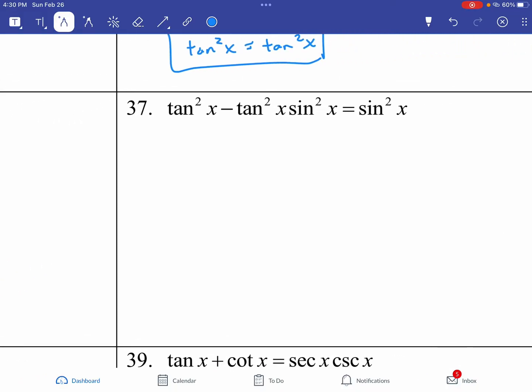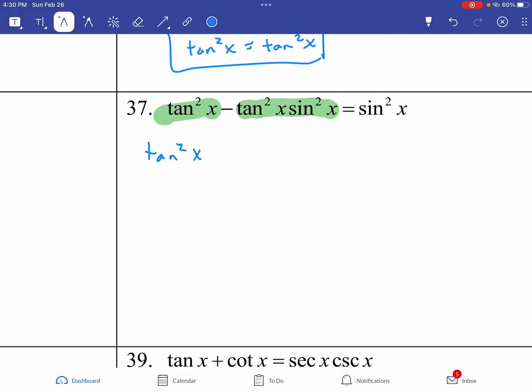This one is a little tricky. I have two terms here in this problem. Here's the first one, this is the second one, and they're being subtracted. Well, in my two terms, I have something in common for both of them. I have tangent squared.